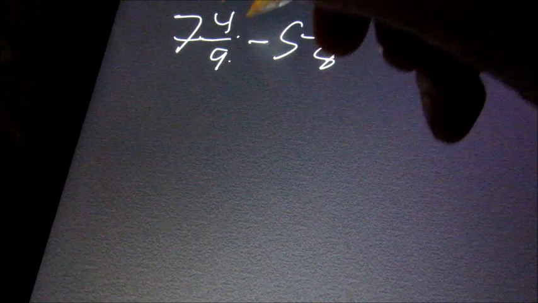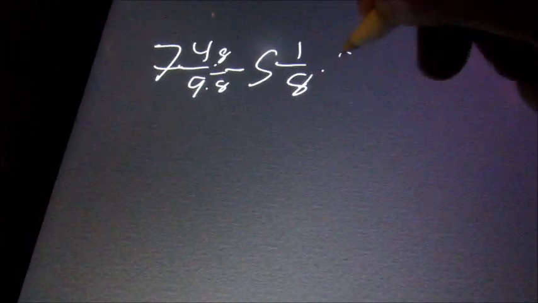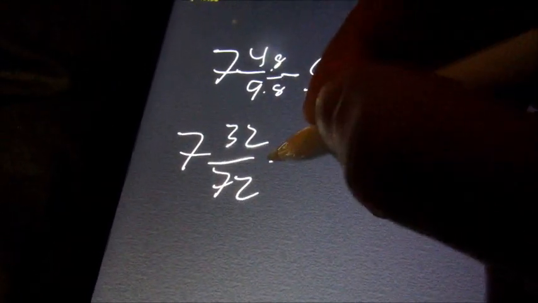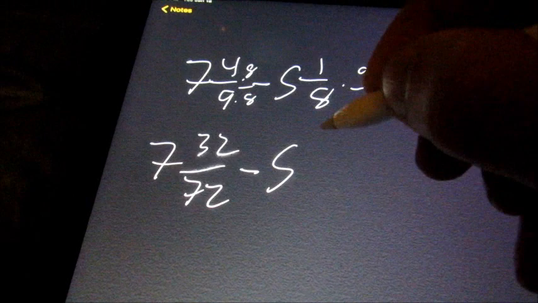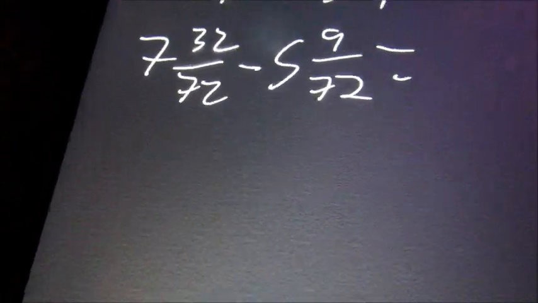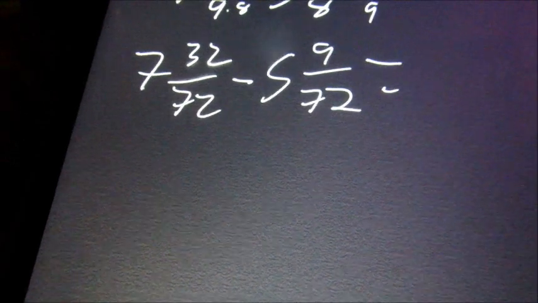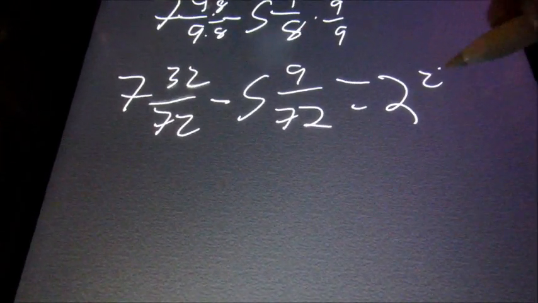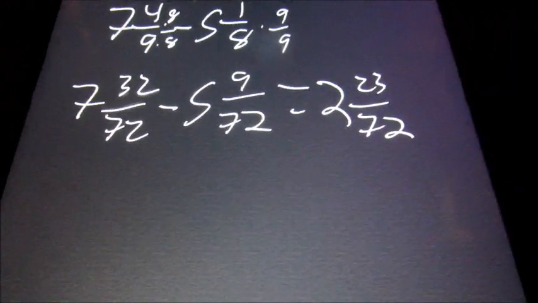So I need to multiply this one by 8 over 8, this one by 9 over 9. So now I'll have 7 and 32/72 minus 5 and 9/72. So here I can just go 7 minus 5 is 2, 32 minus 9 is 23 over 72.